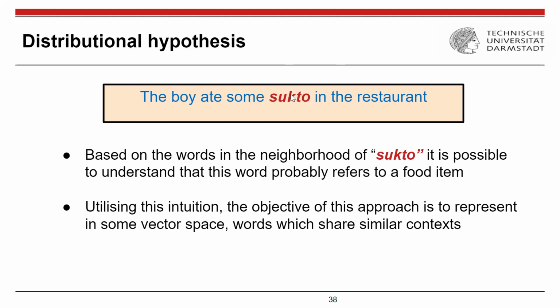In that space, this constraint is maintained: words that have similar neighborhoods or similar contexts are close in space, which means food items will be close in space, and, let's say, capitals of countries will be close in space. That is what will be maintained when the word is translated into that space.